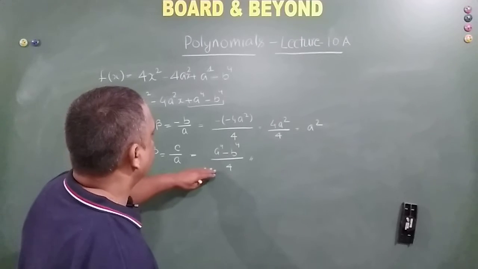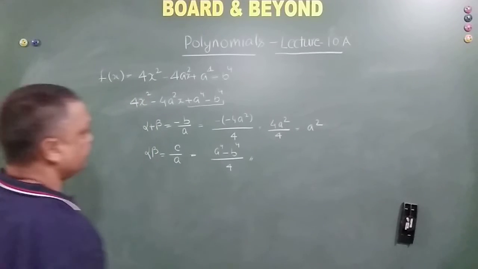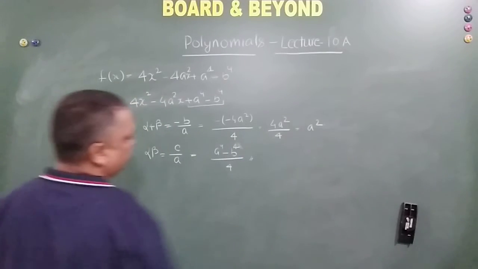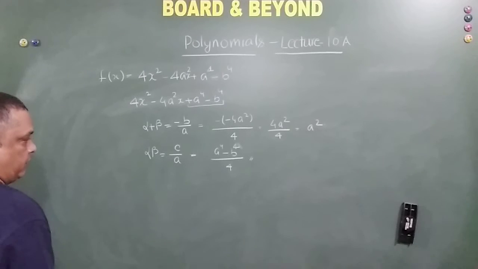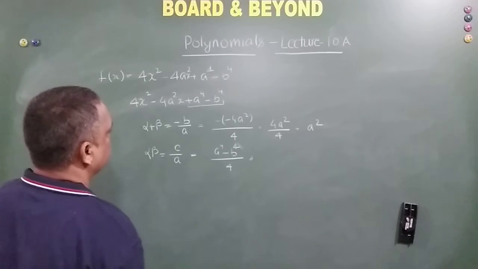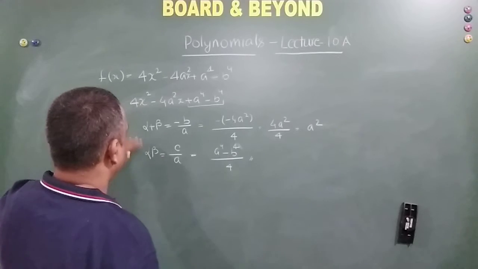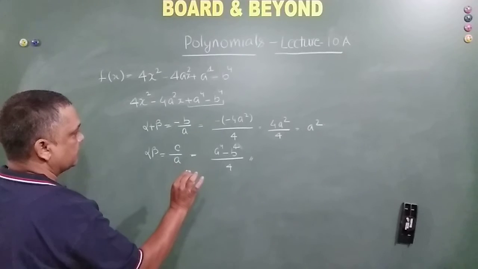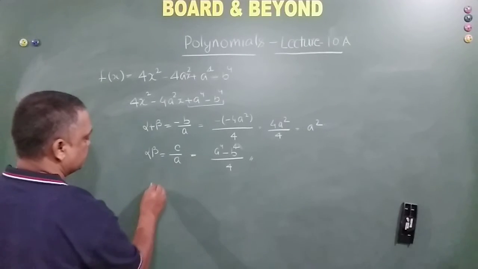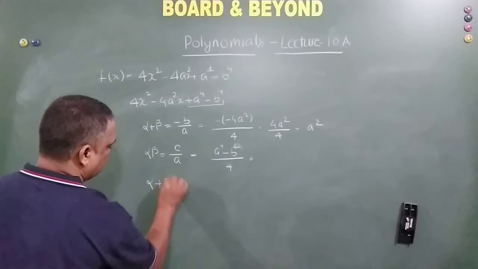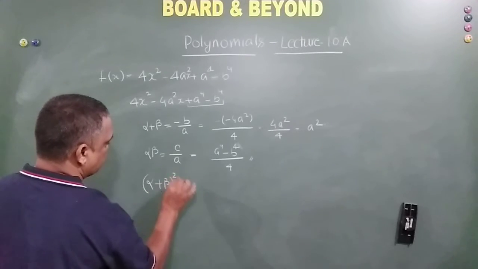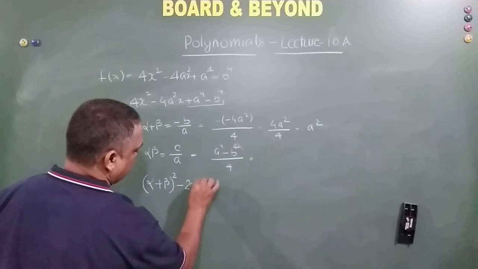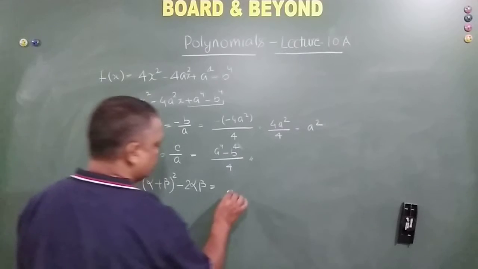So we can find out, b power 4 by 4. Can we write it like this: alpha plus beta whole square minus 2 alpha beta is equal to how much?